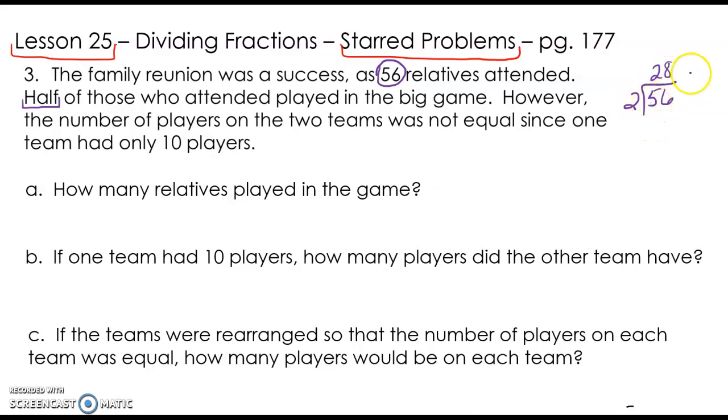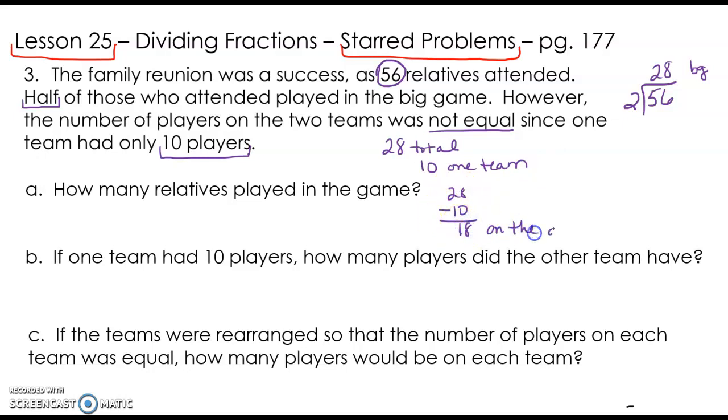So 28 played in the big game. However, the number of players on the two teams were not equal since one team only had 10 players. So if 28 total played in the big game and there were 10 on one team, that means there were 28 minus 10 on the other team, so there were 18 on the other team.